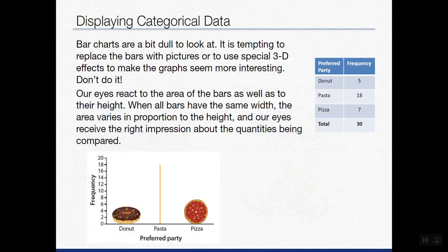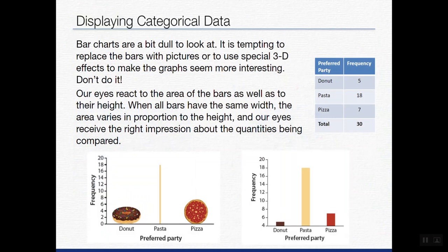Another issue we talked about when we looked at bar graphs is sometimes people try to be a little too creative with their graphs. In this example, instead of just using regular bars, we have a picture of a donut, a piece of pasta, and a pizza instead of a regular bar graph. When you look at the graph on the left, your brain does not just look at the height of the pictures.